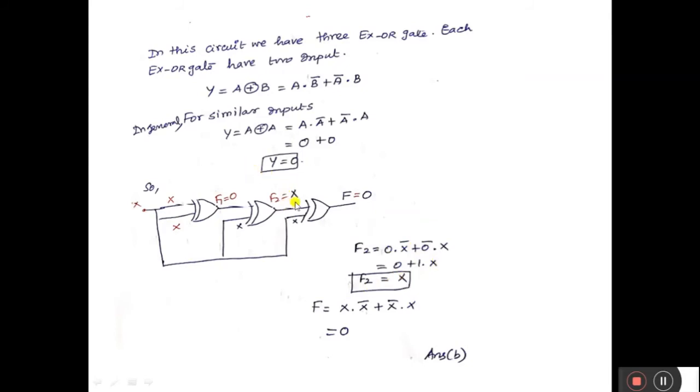Now I apply this x to the third XOR gate. Both inputs are the same, so the output becomes 0: x into x bar plus x bar x is 0. So f equals 0. Among the options f equal to 1, f equal to 0, f equal to x, f equal to x bar, option B is correct.